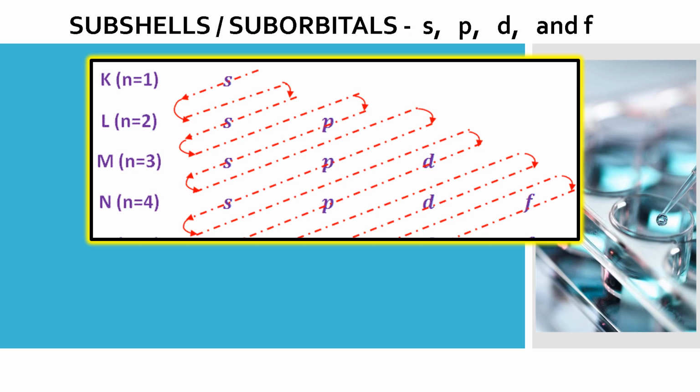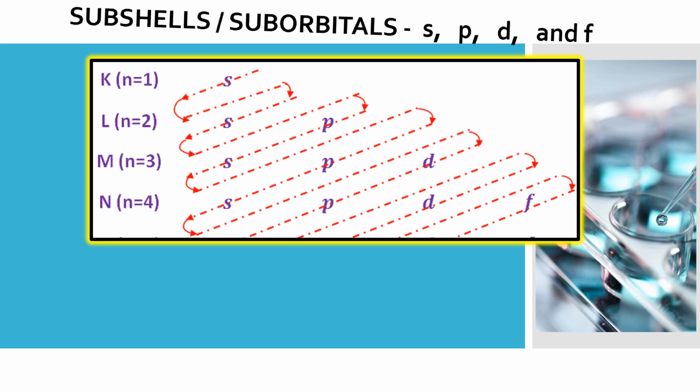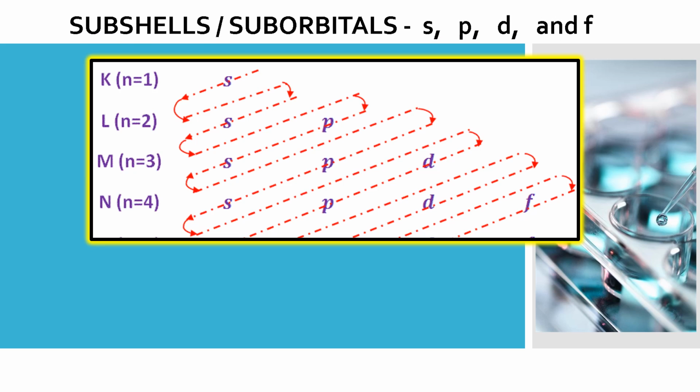It is really interesting to note that every shell in an atom is made up of subshells. There are only 4 types of subshells in any atom: S, P, D, and F. Now, the shell K has only one subshell, and that is the S subshell.